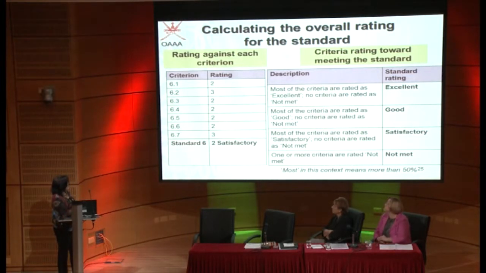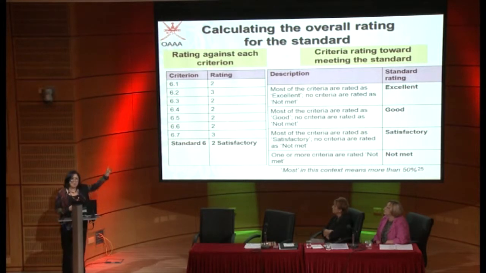So you give the ratings here, and then the overall rating will be 2, because this is based on most, which is more than 50%. So if you look at how many we've got, 1, 2, 3, 4, 5, 6, 7, and 2 of those have got a 3, but more than 50% have been given 2, so the overall outcome will be 2, satisfactory. And you may ask yourself, then why bother putting in the other numbers if you're all just going to work out that this is 2?